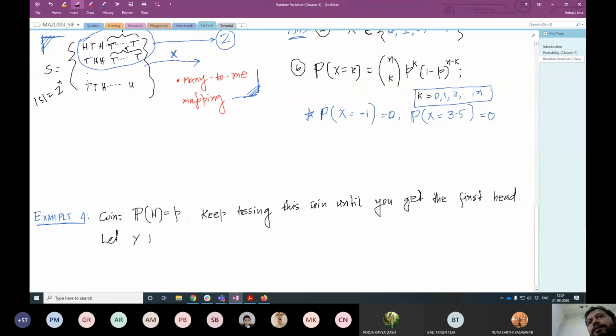Let Y be the random variable which counts the total number of trials needed.